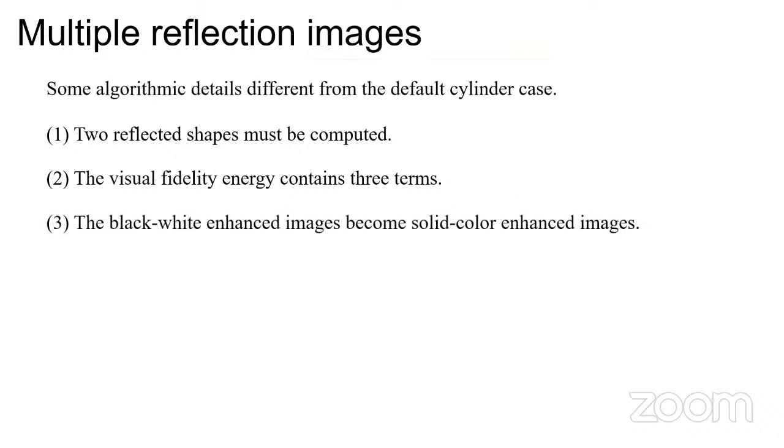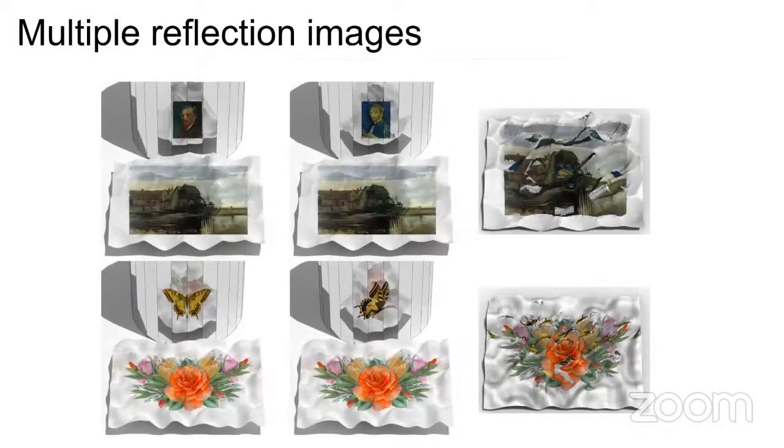Third, the black-white enhanced images become solid color enhanced images. We fill in the colored region of the 3 input images with red, green, and blue respectively, and the other regions are filled in with white. Here are some examples of the multiple reflection images.